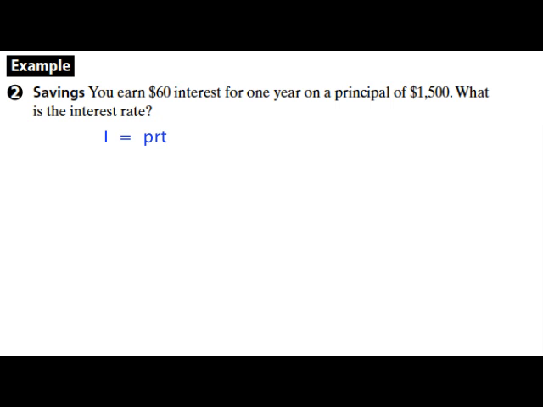The I is the interest you earn, so that's $60. The principal, the P, is $1,500. We don't know the R, and the time is 1 year. Now we can solve for R. We can divide both sides by 1,500. 60 divided by 1,500 is 0.04.